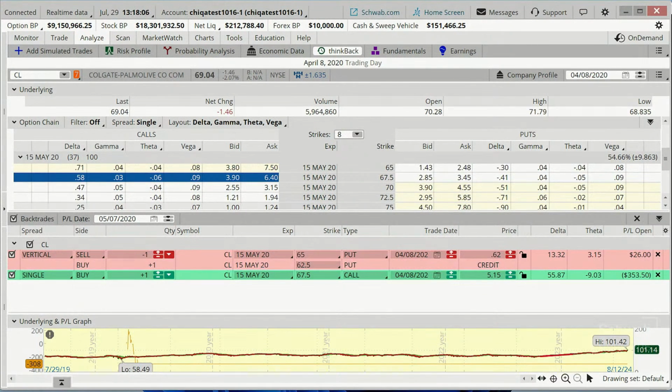the differences between the trades, because often the question in these classes is, what's the difference between a long call and a short put vertical? They're both bullish trades. They're both options trades. Well, a couple of the differences: one is theta, the time decay.